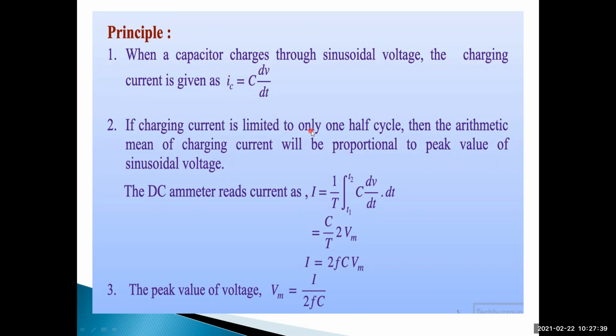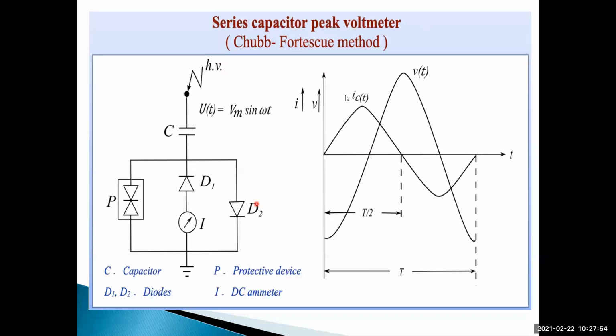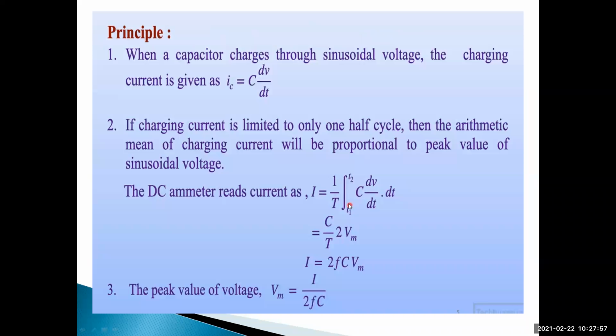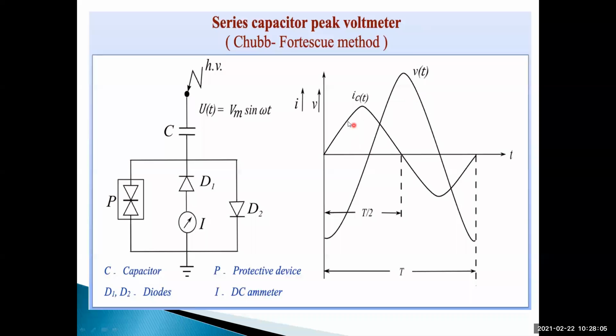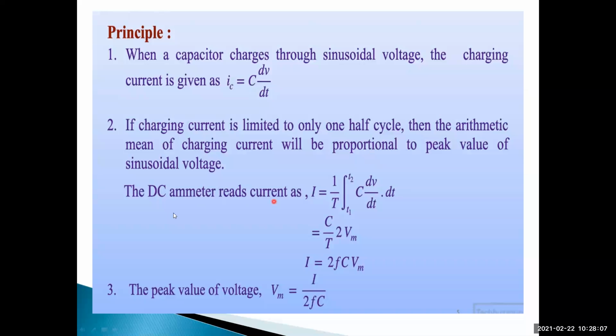Then the DC ammeter reads the current I = (1/T) ∫ from t1 to t2 of C dv/dt dt, taking the different time periods t1 and t2 between the peaks. You can easily understand this in the upcoming slides: the DC ammeter reads the current I = (1/T) ∫ from t1 to t2 of C dv/dt dt.